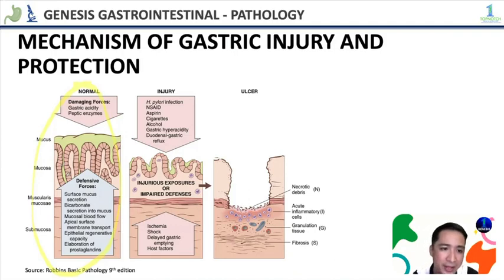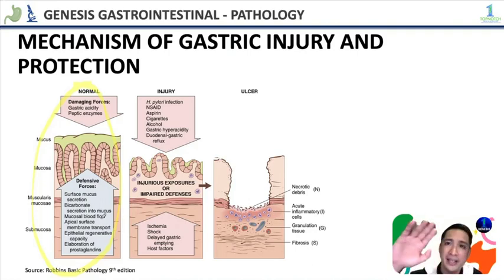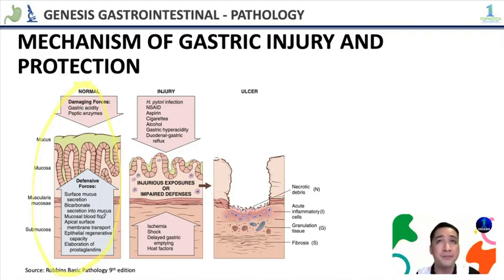Of course, do not forget other defensive forces. We have the continuous layers: your surface mucus secretion, bicarbonate production, and your blood flow that will give nutrients and oxygen, and it will also wash away the influx of gastric contents going to the lamina propria.